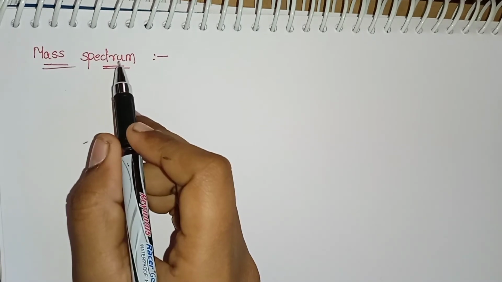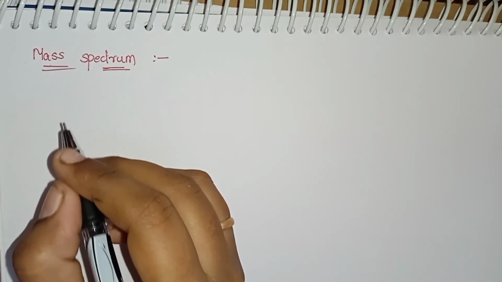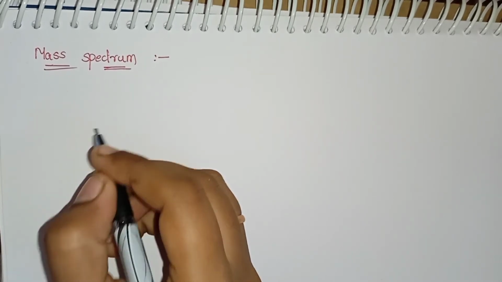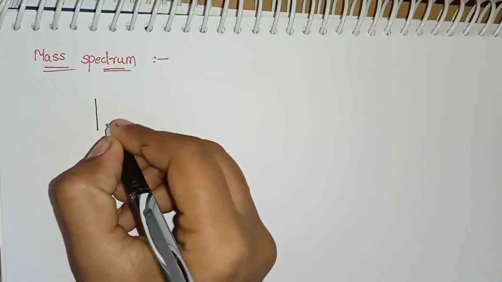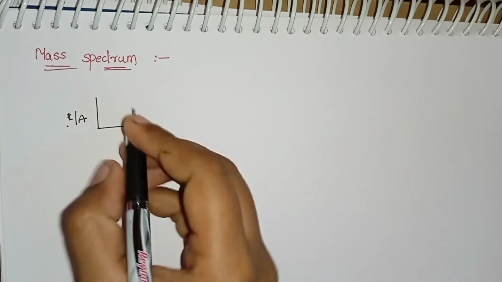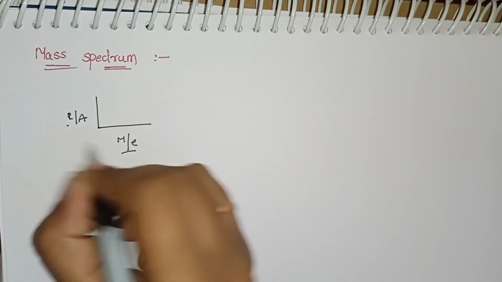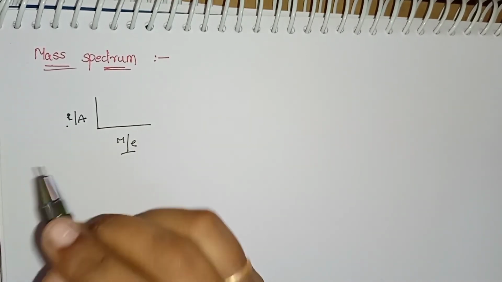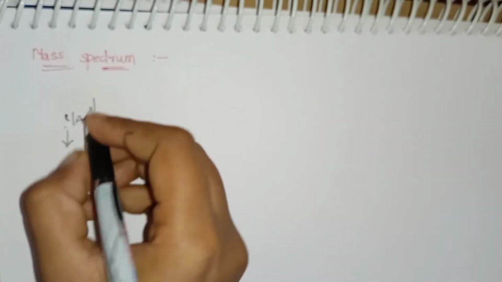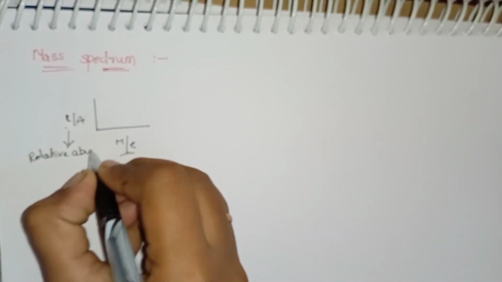Next, the mass spectrum. A mass spectrum is a plot of relative abundance versus the m/e value of fragmented ions. It is recorded in the increasing order of their m/e values.